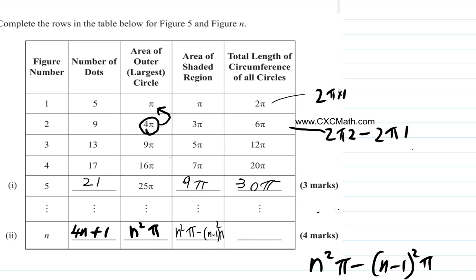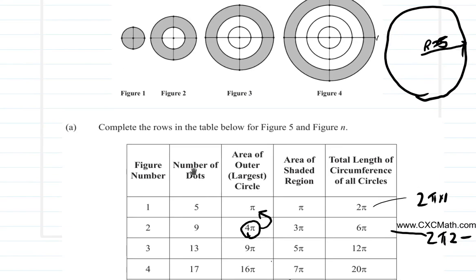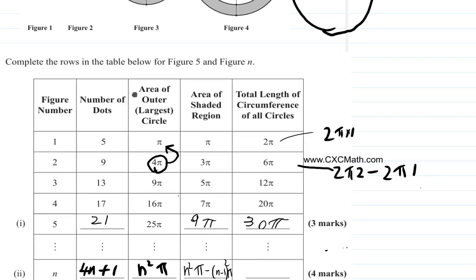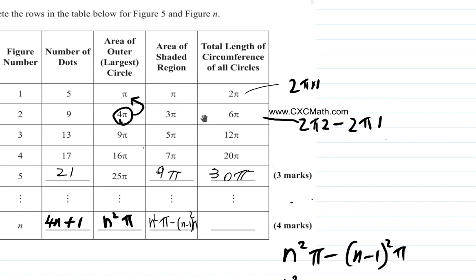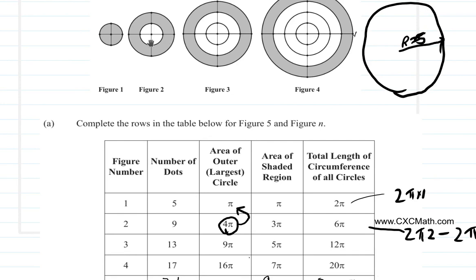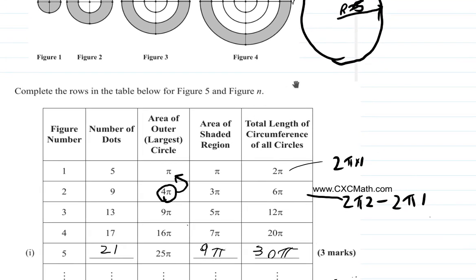Remember, figure 1, the radius was 1 unit. So, it's 2 pi r, 2 pi by 1. Figure 2, it's 2 units. So, it's 2 pi r, 2 pi by 2, minus the inside circle. The inside circle was 2 pi by 1.